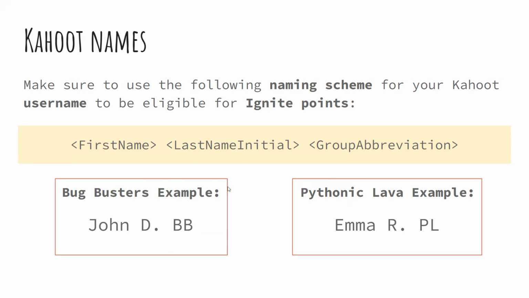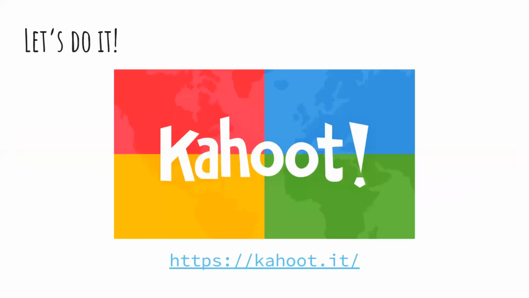You all have to follow this convention whenever you are signing up for the Kahoot game, because it's really important. Since there will be 2 categories, one for the Blockbusters and one for the Pythonic Lavas, there will be 3 winners from each category.